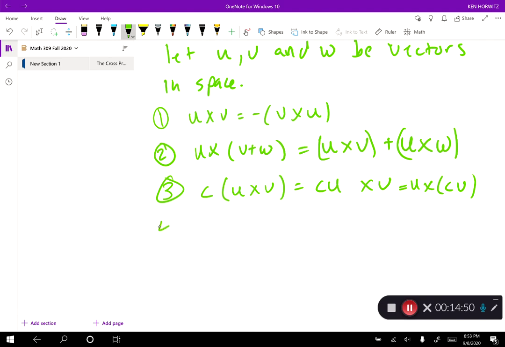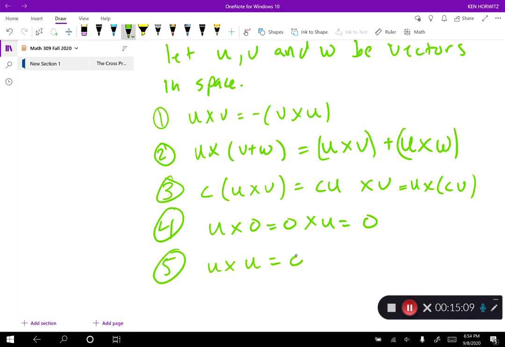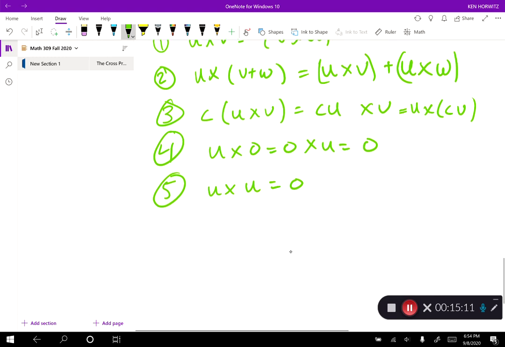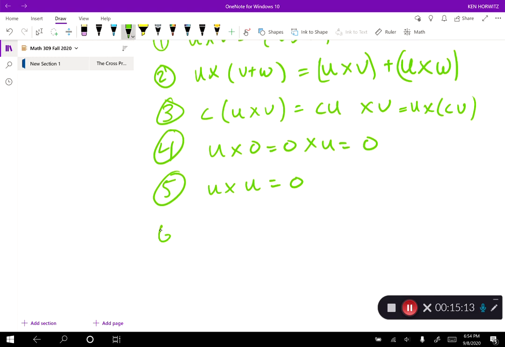Our fourth property says u cross 0 equals 0 cross u, which equals 0. So either way you do that, that equals 0. If I have u cross u, it's going to equal 0. We saw that from the practice problem we had.